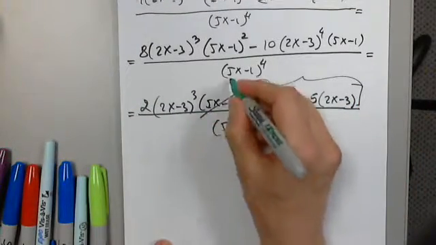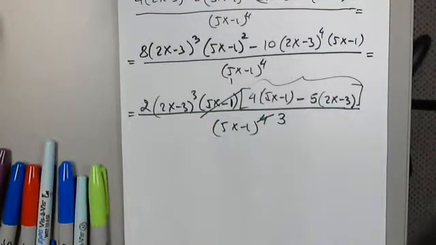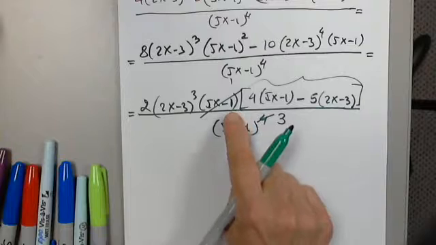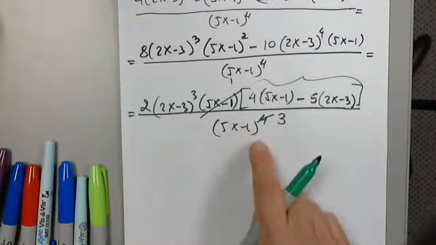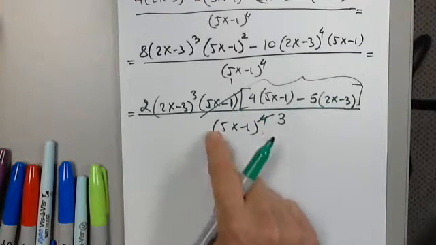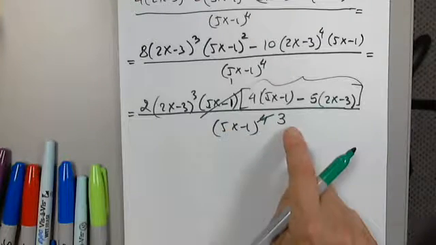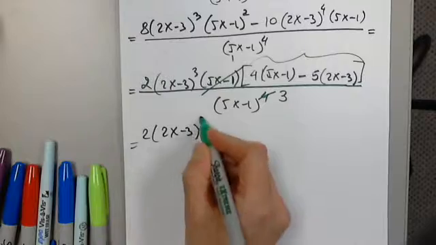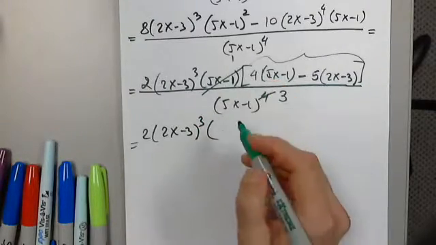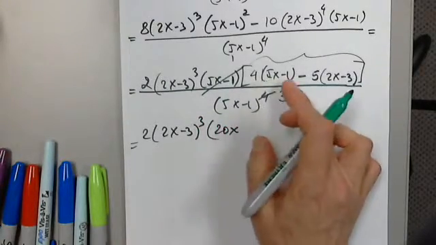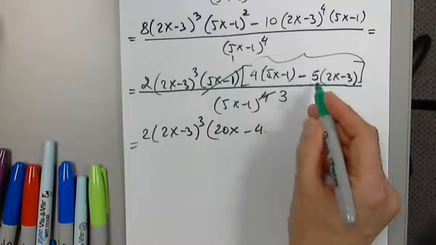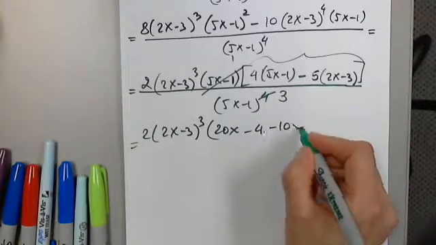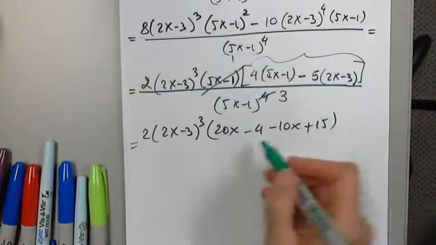At this point, I'm allowed to simplify (5x minus 1) from the top with (5x minus 1) from the bottom because they are factors. So I remove the (5x minus 1) from the top and 1 from the denominator. So from the ones that I had 4 total, now I have only 3. So I copy (2x minus 3) to the 3rd, and then 5 times 4 is 20x, 4 times negative 1 is negative 4, negative 5 times 2x, negative 10x, and then positive 15.